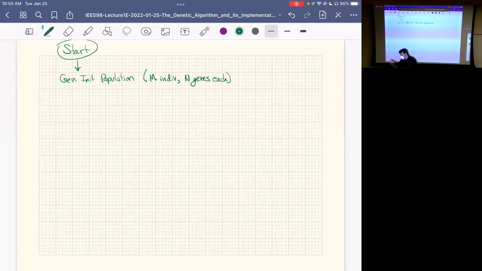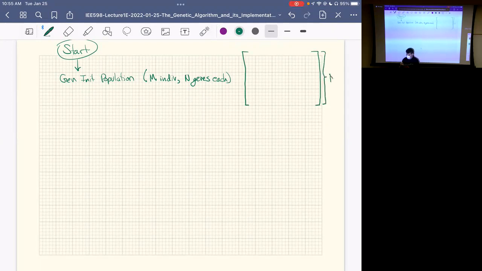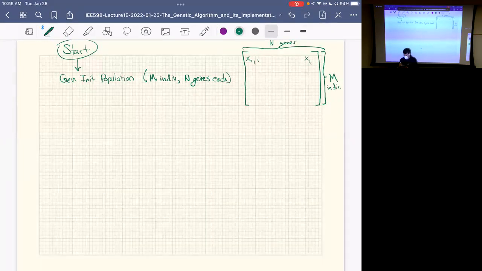So I'm just going to abbreviate all of that by saying our population is just represented as a matrix that has M rows for our M individuals and N columns for our N genes. So this could be X11, X1N, XMN, XM1, and then everything in between.